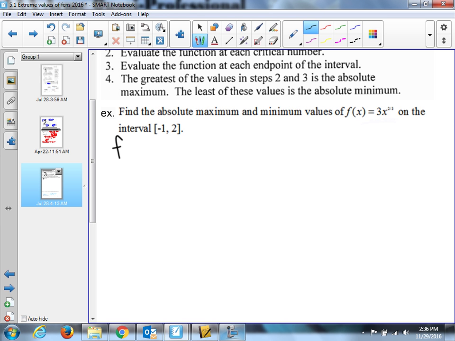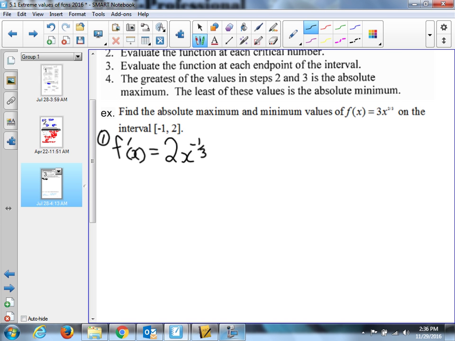So f prime of x. I'm kind of doing the first step, critical numbers. F prime of x equals, in this case, try it out. Tell me what you get. So 3 times the 2/3 of 2x, I hear. And then subtracting 1? Minus 1/3.